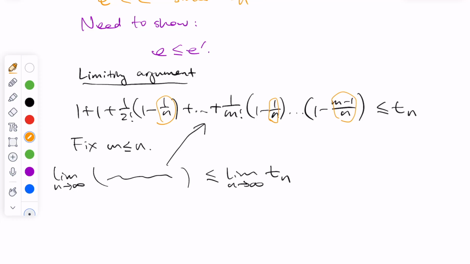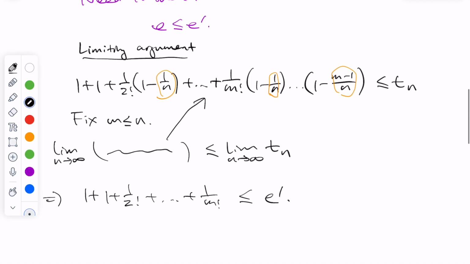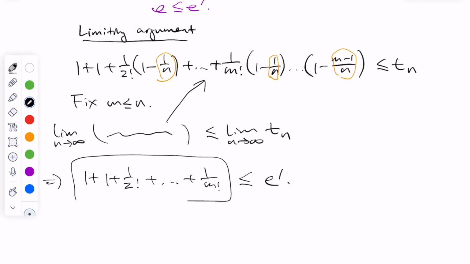So it actually just becomes 1 plus 1 plus 1 on 2 factorial times 1 plus dot dot dot plus 1 on m factorial times 1. And on the right-hand side, you've got the limit of Tn as n goes to infinity, that's e prime by definition. So the mth partial sum of e is less than or equal to e prime. This is true for every m.